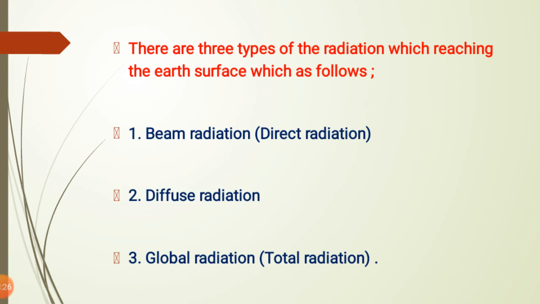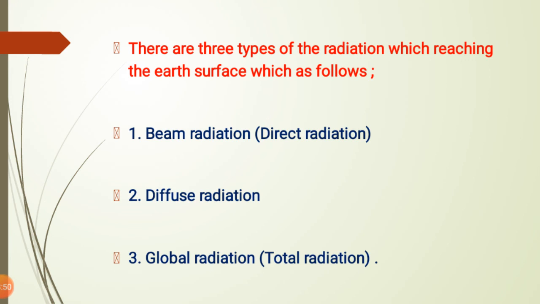The global radiation is also known as total radiation. That means the global radiation is the sum of beam radiation and the diffuse radiation, therefore it is known as total radiation. Beam radiation is the radiation which comes directly to the Earth's surface without any deviation or without change in any direction. So this is also known as the direct radiation.